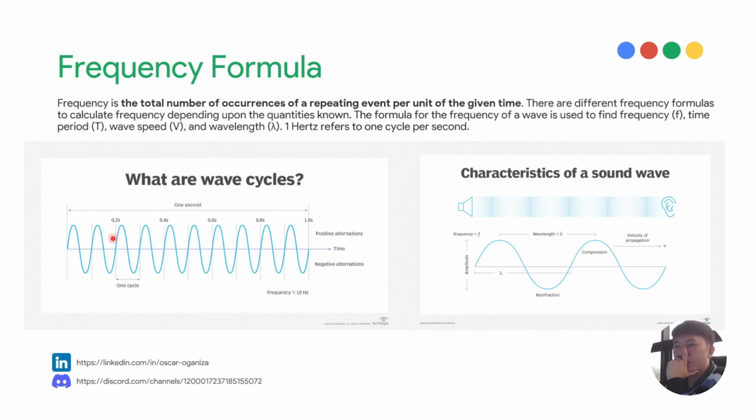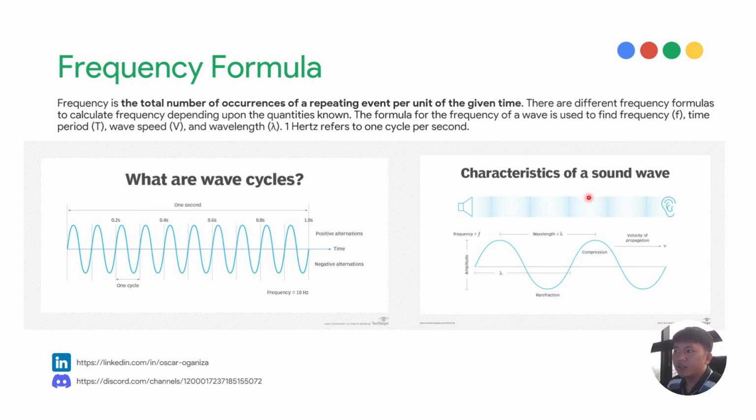So 10 hertz: 1, 2, 3, 4, 5, 6, 7, 8, 9, 10. 10 cycles per second, so 10 hertz. So every 1 second, you have 10 cycles. So that's how cycles are being presented here.